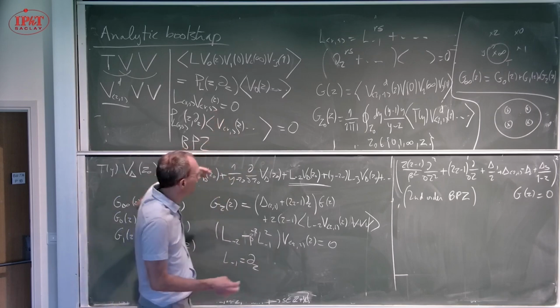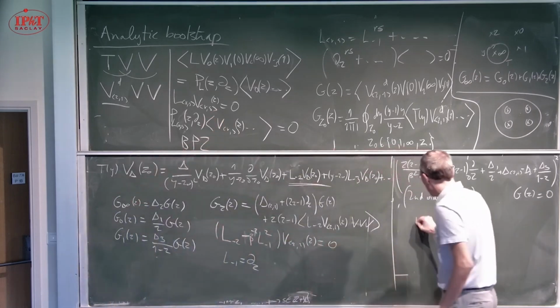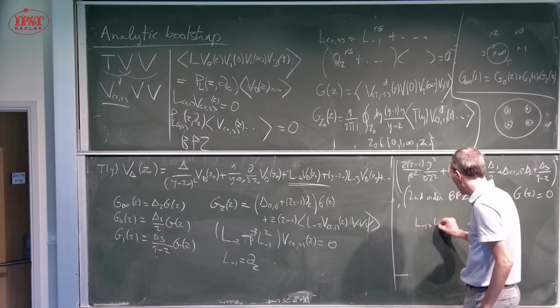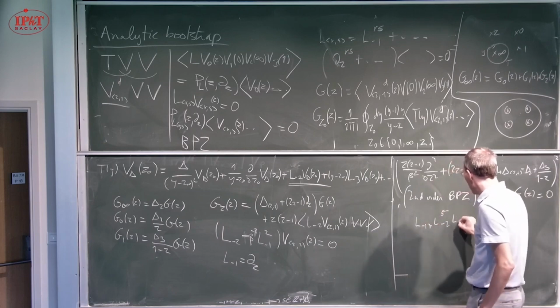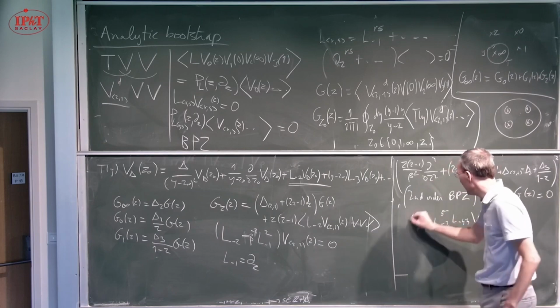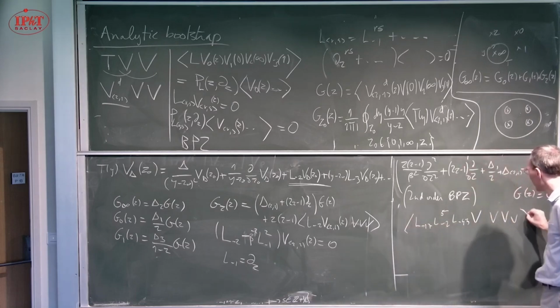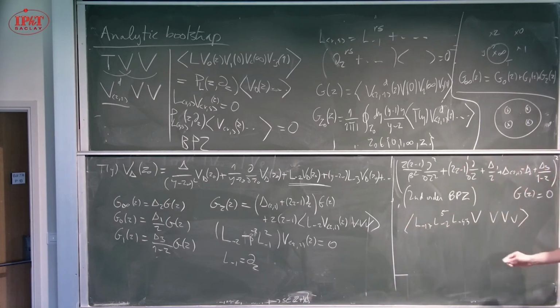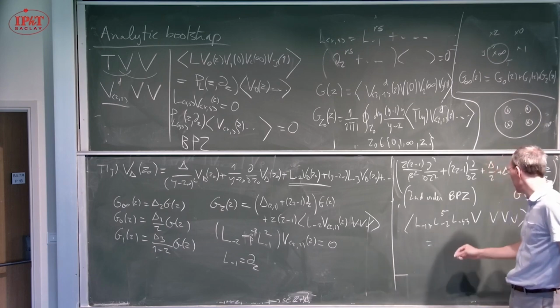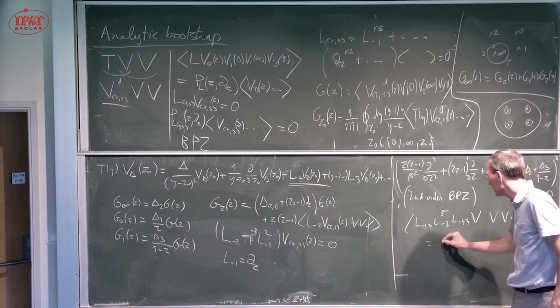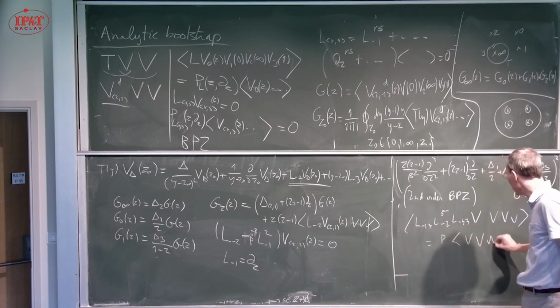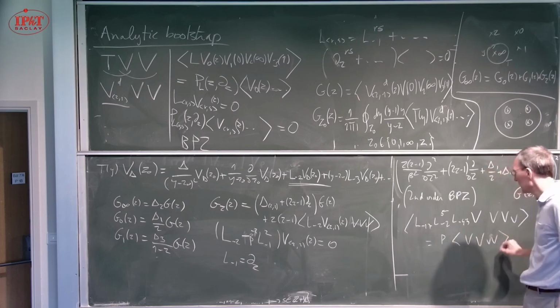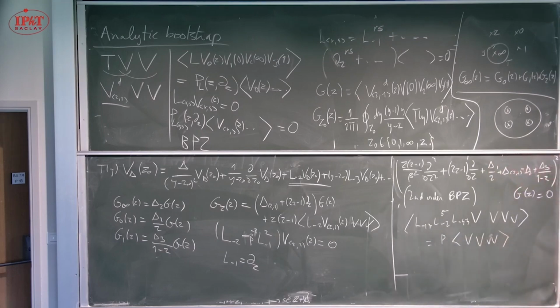Even if you have something like L-17, L-2 to the fifth, L-43, V, let's say, in a correlation function, this is still some differential polynomial of the original correlation function. It's just harder to compute. You compute it by exactly the same methods of inserting the stress tensor and working out the Ward identity.